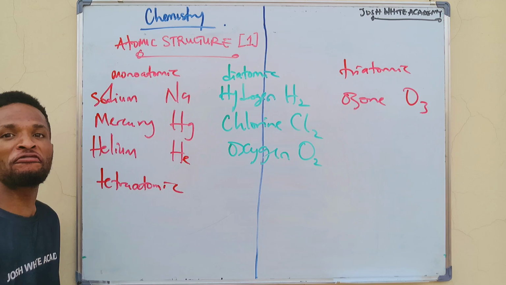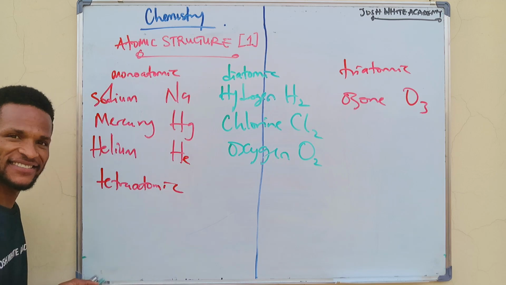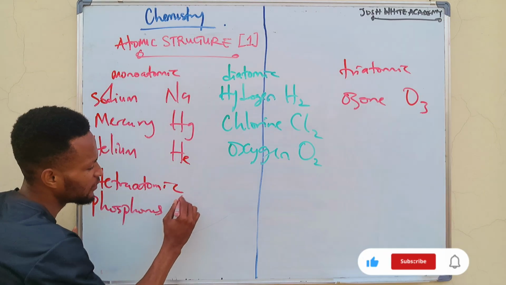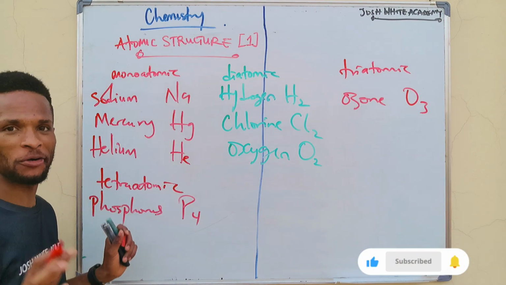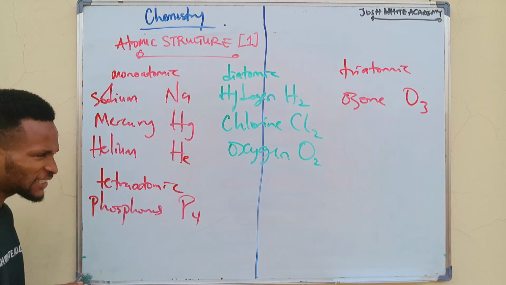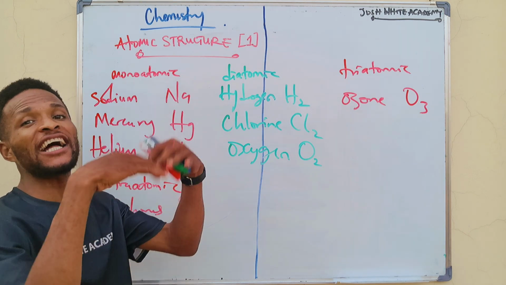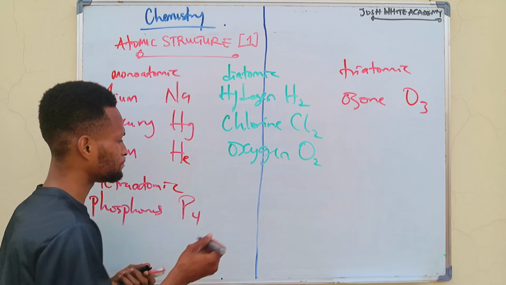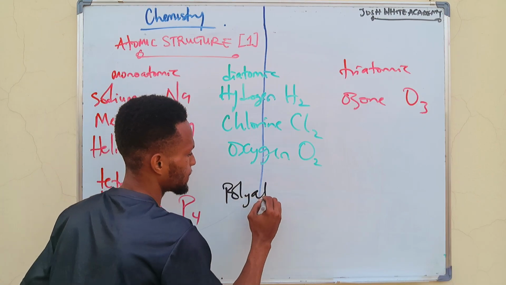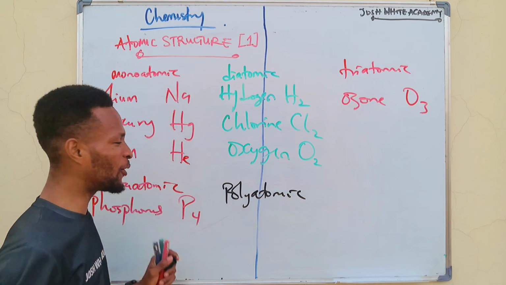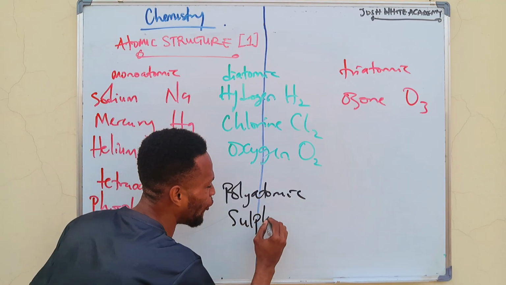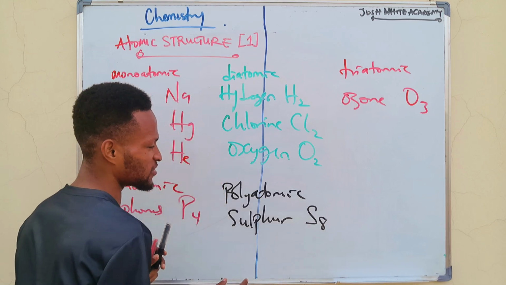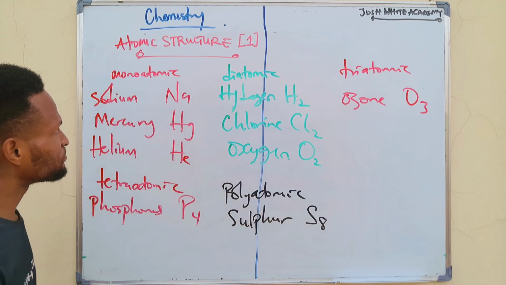Example is our phosphorus. It's written as P4. Then lastly, we have polyatomic, meaning it's more than 4. The main example under this is sulfur. Sulfur is written as S8. That means it has 8 atoms in one molecule of that element.